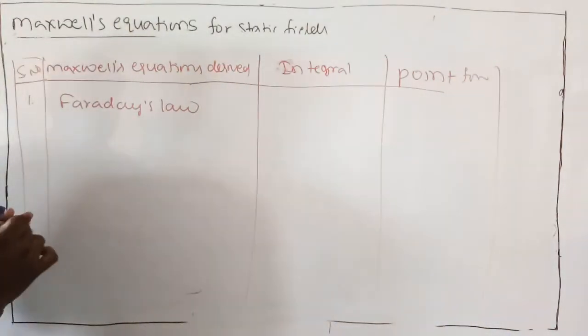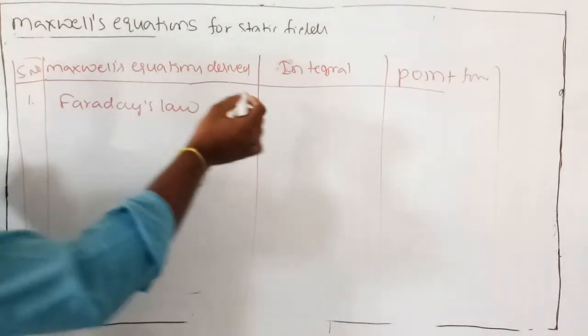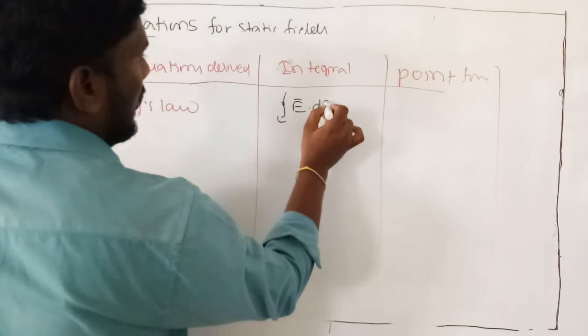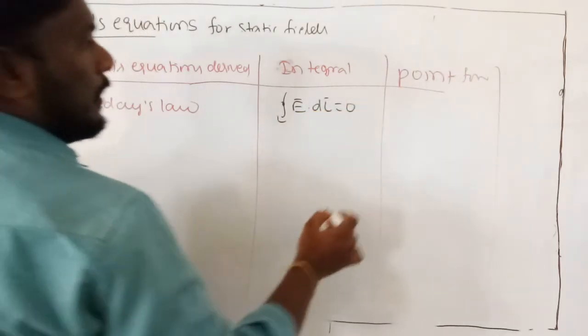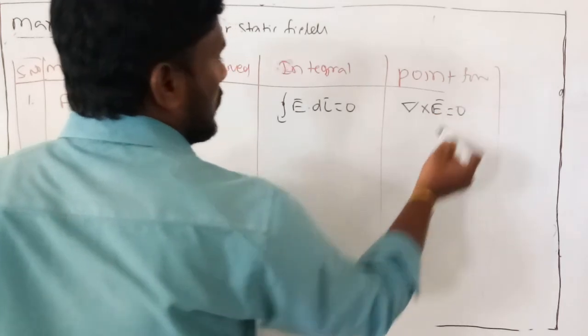So what is the Maxwell's equation derived from Faraday's law in integral form? It is the line integration of E bar dot dl bar is equal to 0. In the point form, del cross E bar is equal to 0.